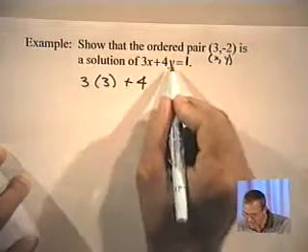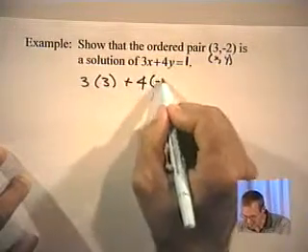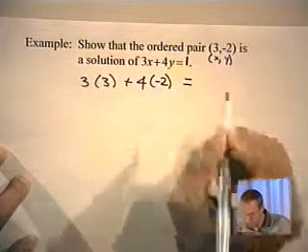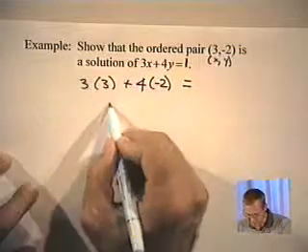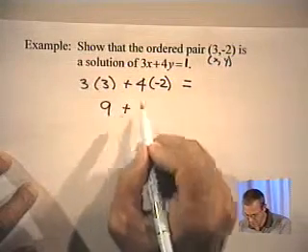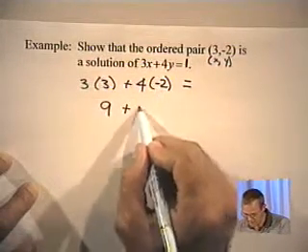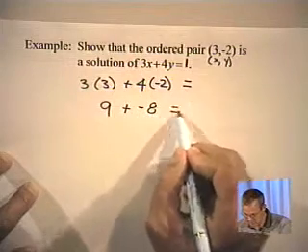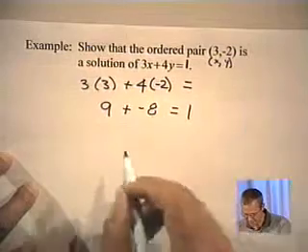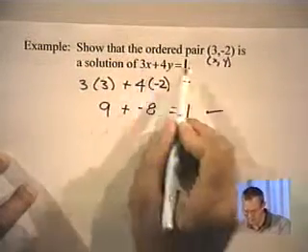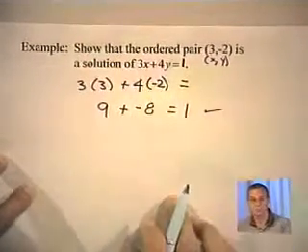Wherever I see the y, I'm going to plug in a -2, and we'll see if that equals 1. 3 times 3 is 9. 4 times -2 is -8. And 9 plus -8 is in fact 1. So this is certainly a solution.